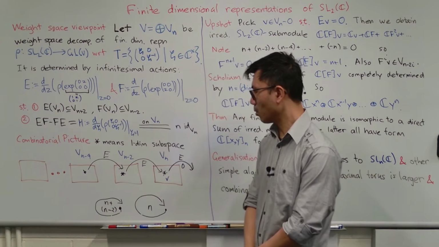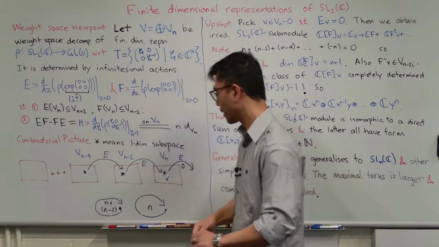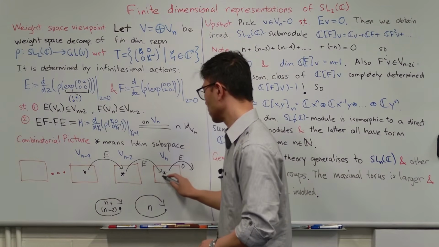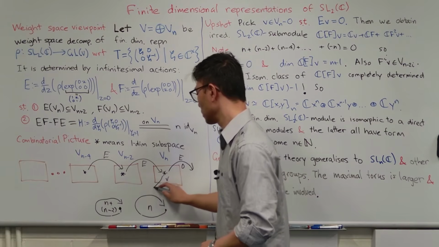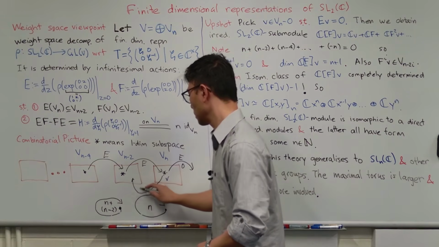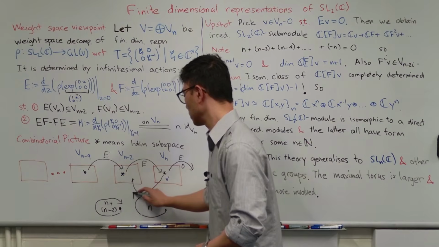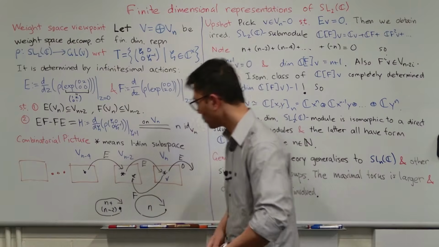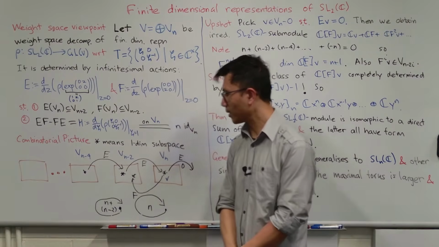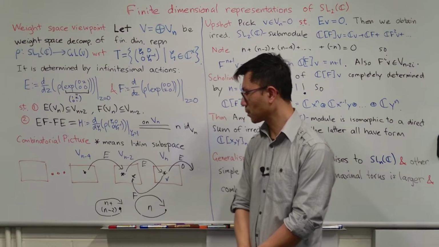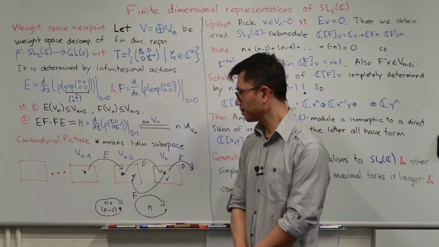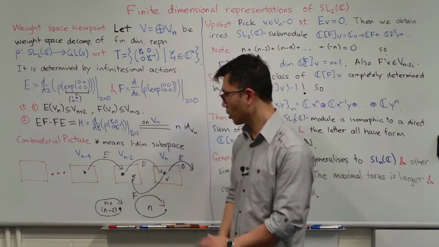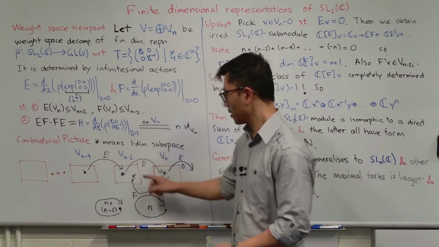Okay, so we're going to go back like this, with F, and it's going to be something like this. We're going to look at this vector here.